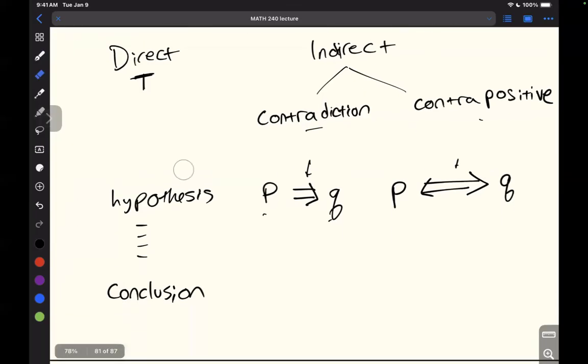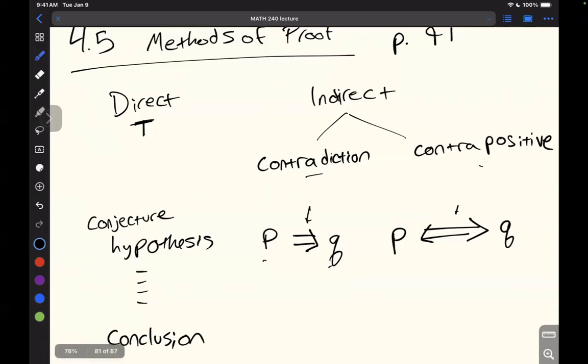We go from a conjecture, I think this is true, and then a hypothesis, this is where I am starting. I am assuming that this is true. Then we reason logically to get to our conclusion. The method of reasoning is the type of proof that we do, either a direct proof or an indirect proof.